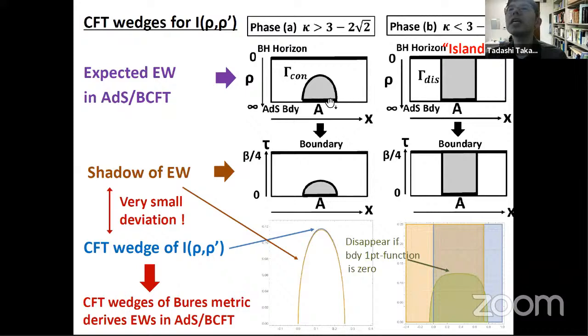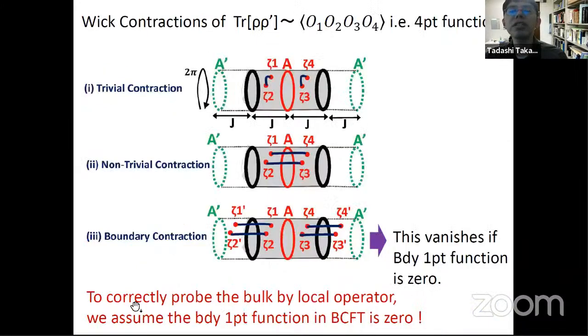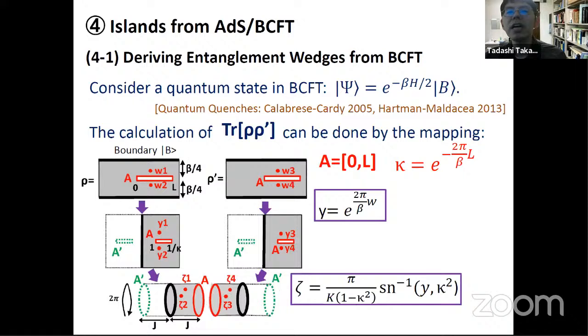It is related to this cylinder, this annulus geometry. We are comparing the horizontal separation and the periodicity of the circle, and which is larger. This is very similar to the second Rényi calculation on a torus.